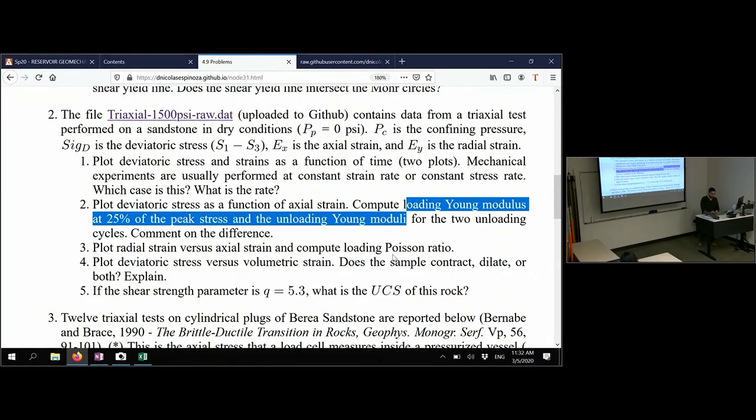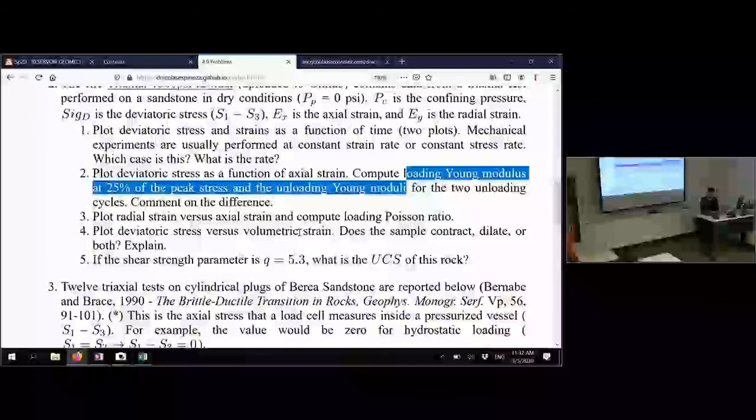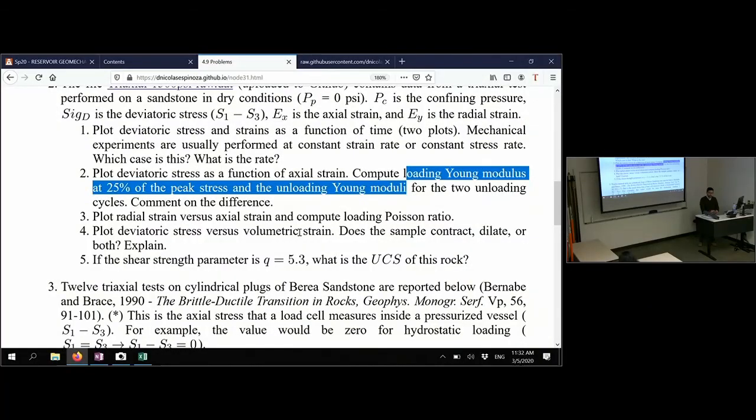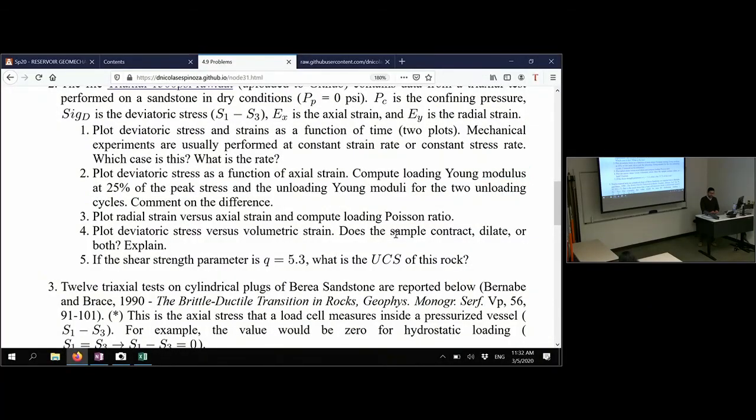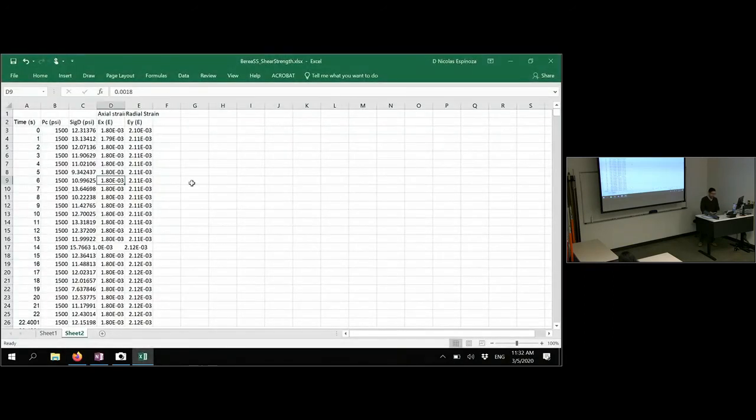You also have to calculate a Poisson ratio, and the only new thing here is that you're going to have to compute a volumetric strain. So let me show you very quickly how that's going to look. Do you remember, guys, what is a volumetric strain?